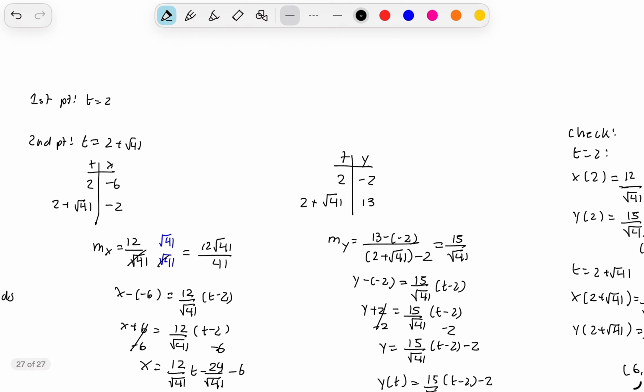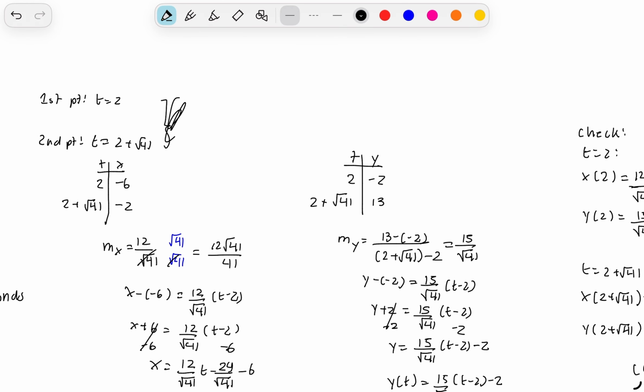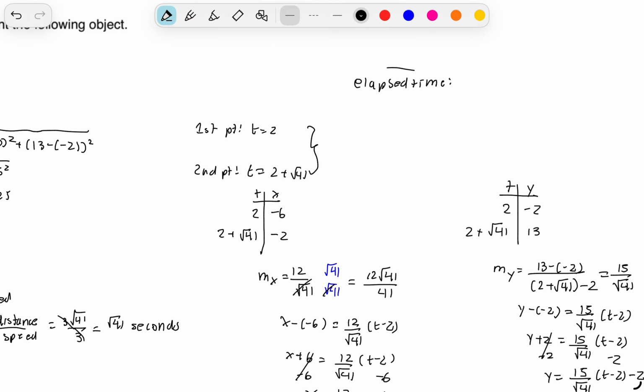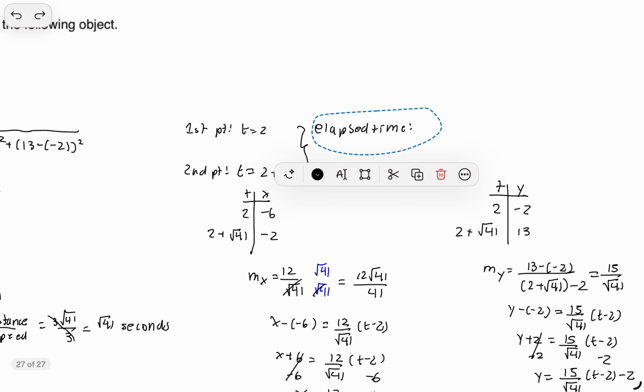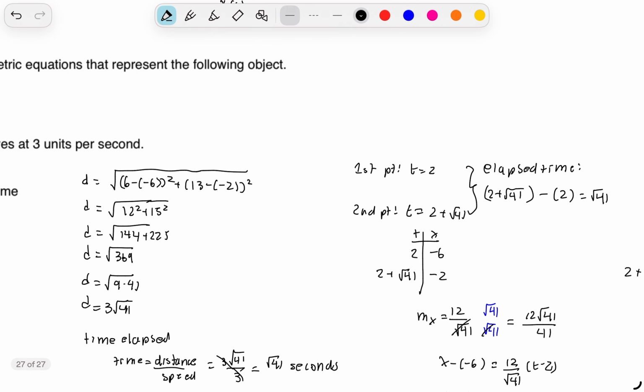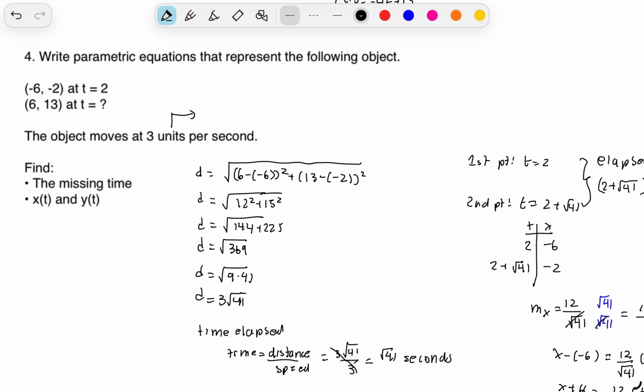And we can also calculate what our elapsed time is. And at our speed of 3 units per second, our distance is equal to 3 root 41, and that matches what our distance formula says.